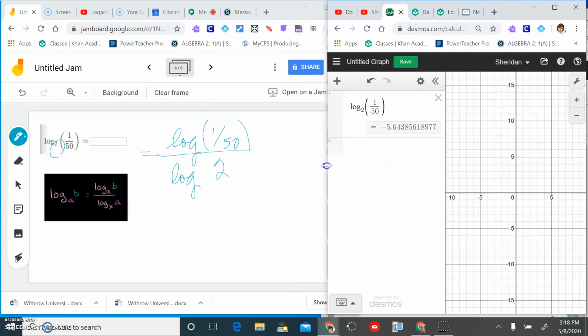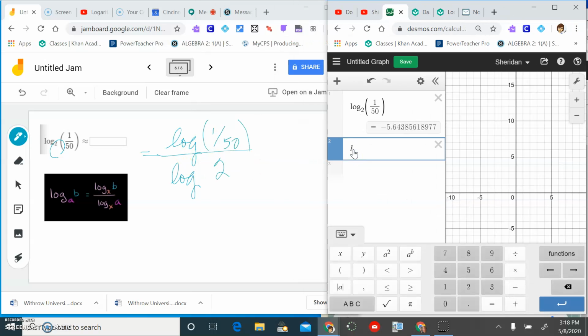To prove it, I'll do it right here. Log base 10 of 1 over 50 divided by log base 10 of 2. Look, it's the exact same answer.